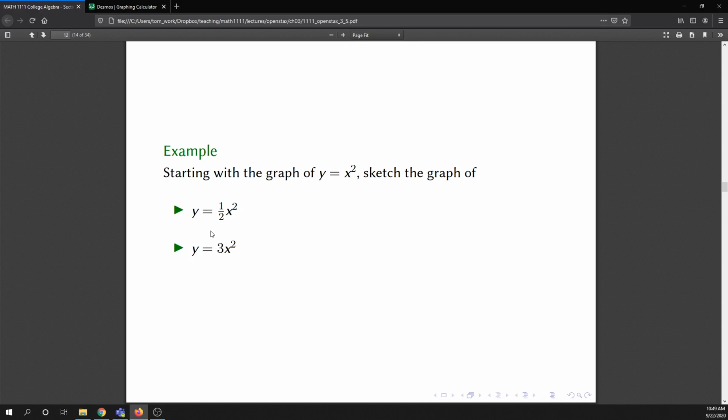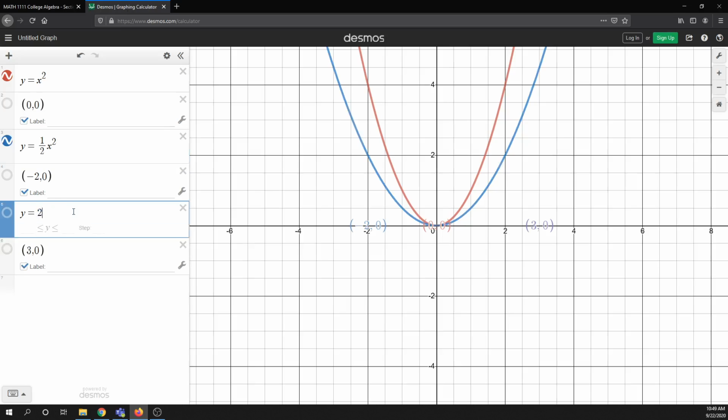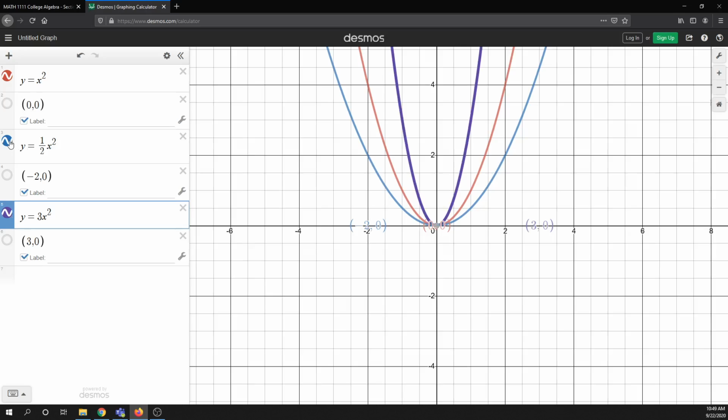And then y equals 3x squared. That's this purple graph. You can see it stretched it vertically. The points that were down here got stretched and moved up like this. Okay.